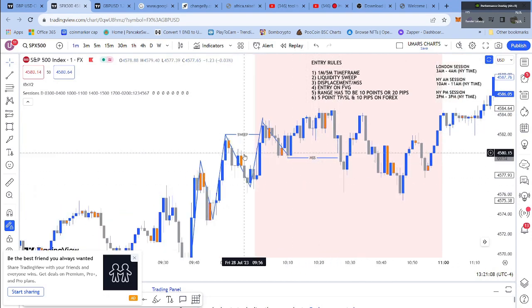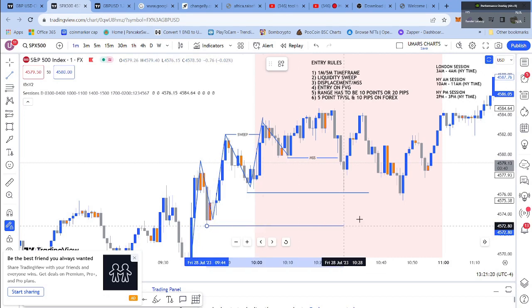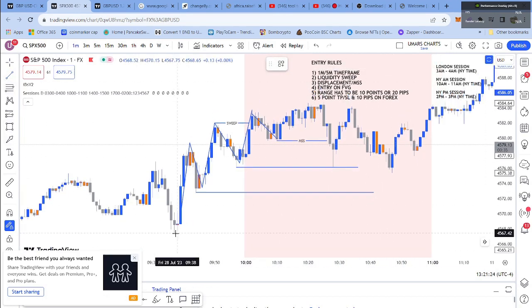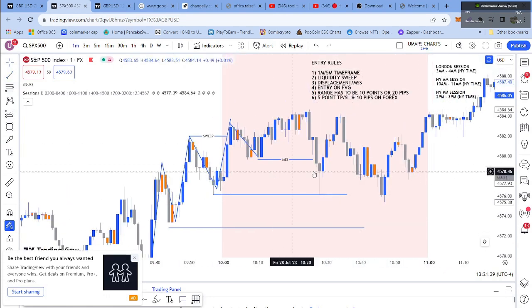After identifying the market structure shift, we will now need to identify our liquidity zone, which is the most recent liquidity zone. As we can see, this is your next liquidity zone, and this is your final liquidity zone. So now, after identifying the market structure shift, we will then have to identify the FVG that market has left behind.